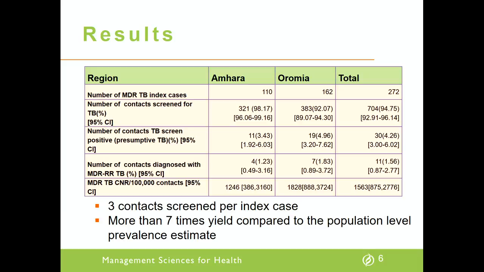They showed signs and symptoms of tuberculosis, and we identified 11 cases of tuberculosis. And if you compare the notification rate from our screened people, it was around 1,563 per 100,000, which is 7 times the yield compared to the national TB prevalence, which is around 200.